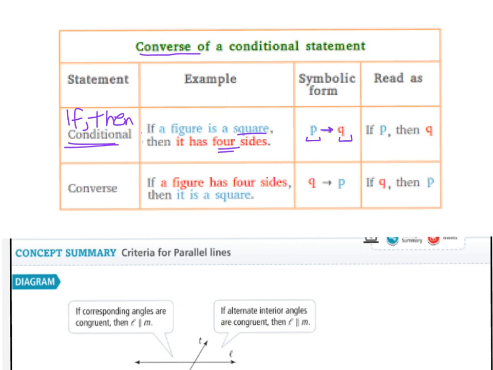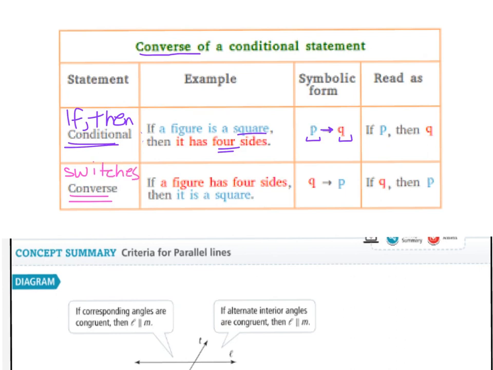So for any first statement, if P then Q, P is just the condition for the first part, Q is the result of that condition. So if lines are parallel, then same side interior angles are supplementary. If lines are parallel, then corresponding angles are congruent. Something like that. But when we throw in the word converse, converse switches the if and the then.